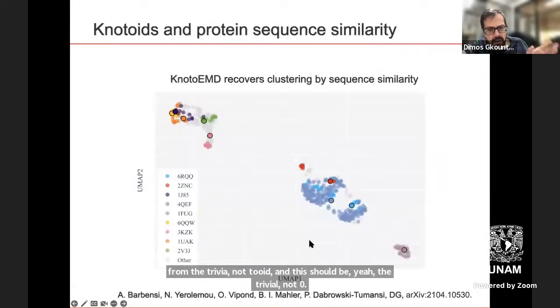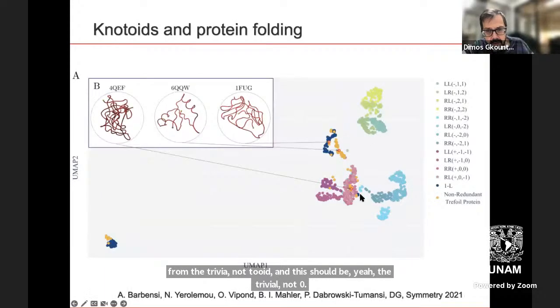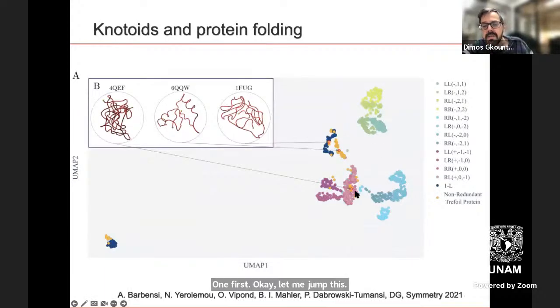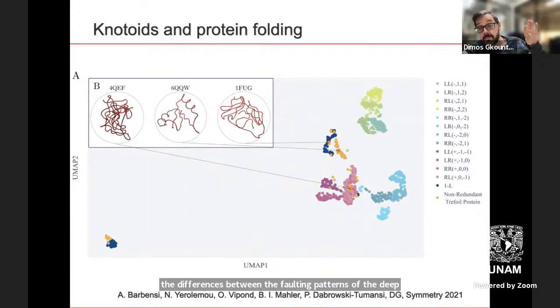First, okay, let me jump this. You can somehow tell the differences between the folding patterns of the deep knotted proteins, the deep folded proteins, and the shallow knotted proteins. In this experiment, what we did, we took all these 8 different models that Flapan described, and we generated all possible combinations.